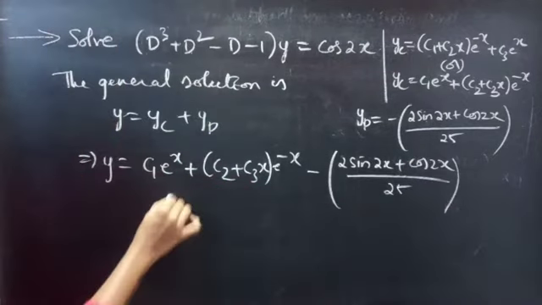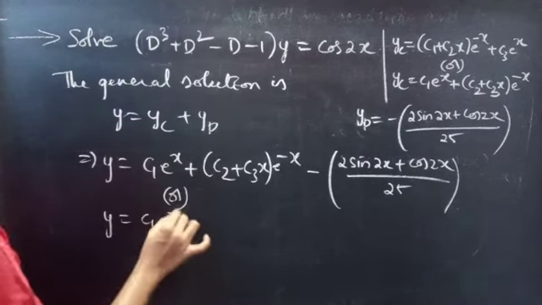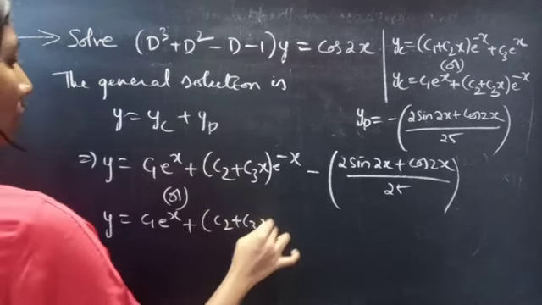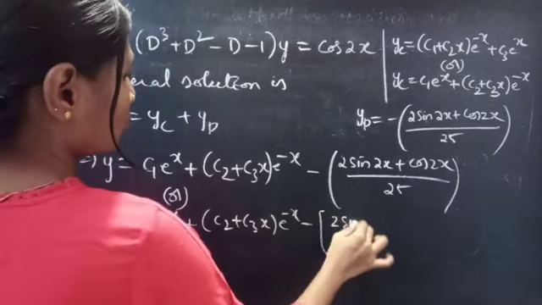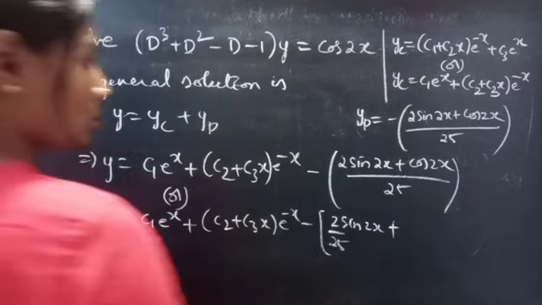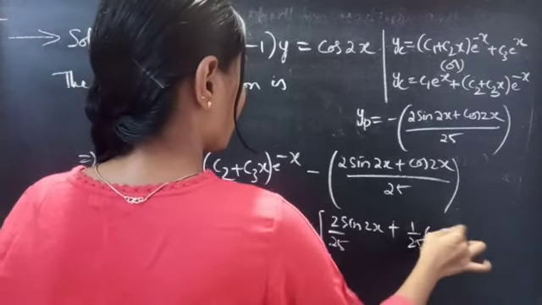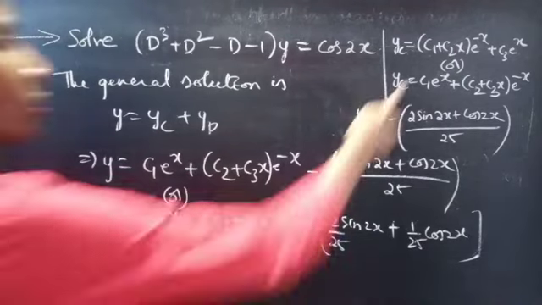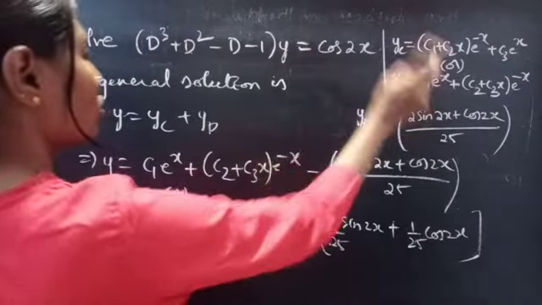Or y equals c1 e power x plus (c2 plus c3 x) e power minus x minus 2 by 25 sin 2x plus 1 by 25 into cos 2x. Or just change the first yc. You can choose any of these two.